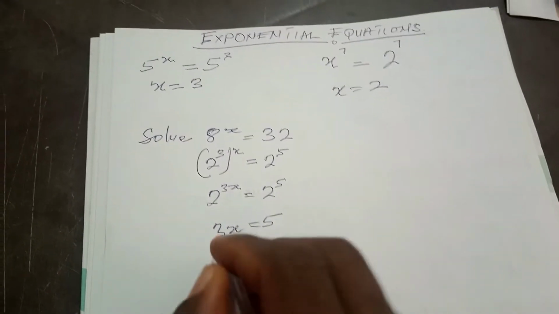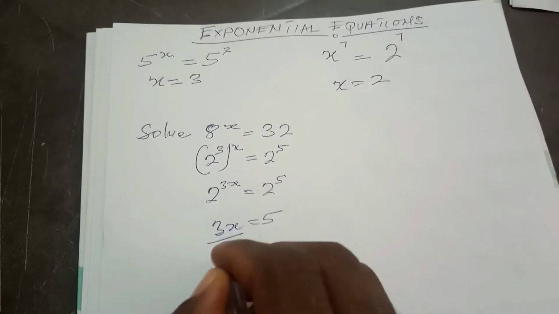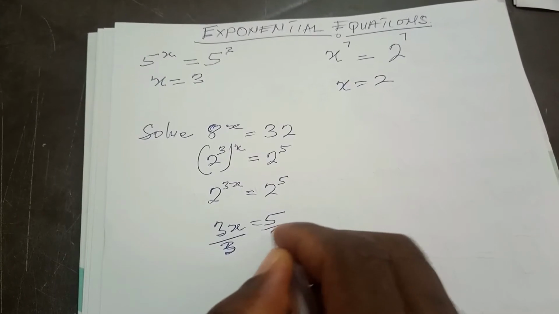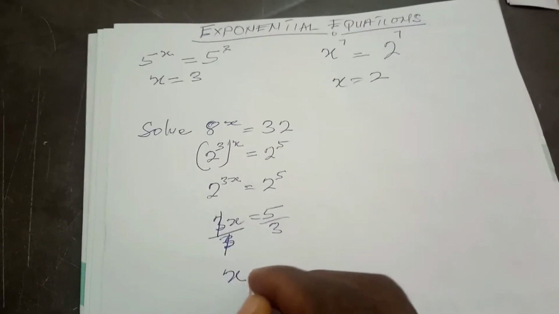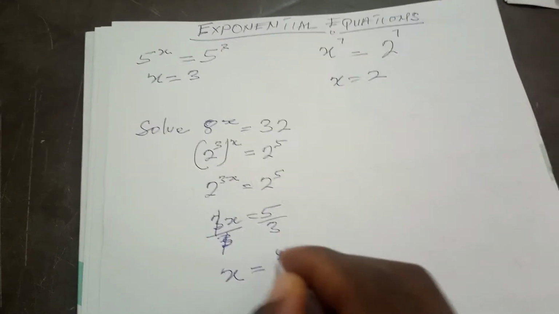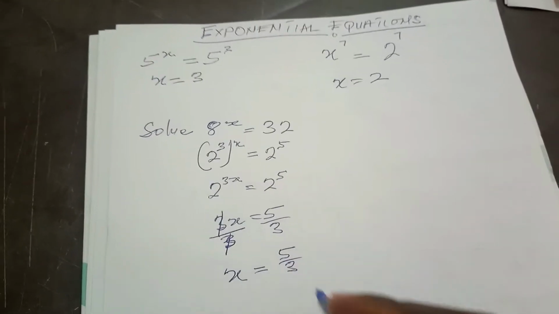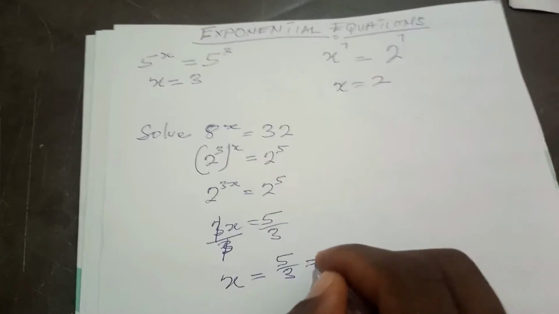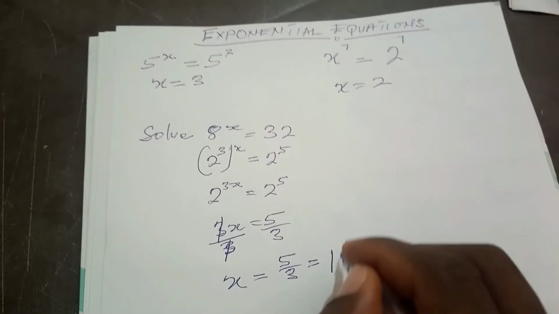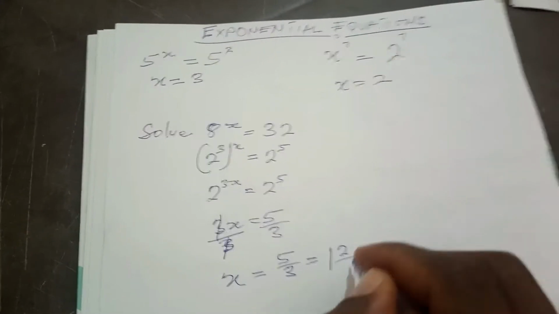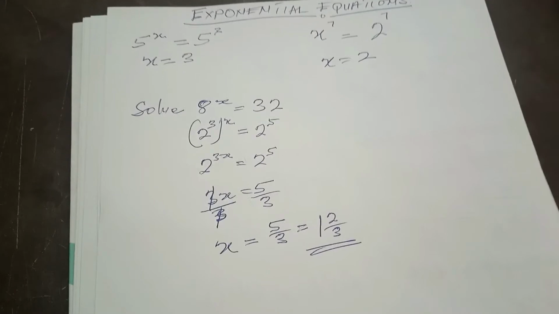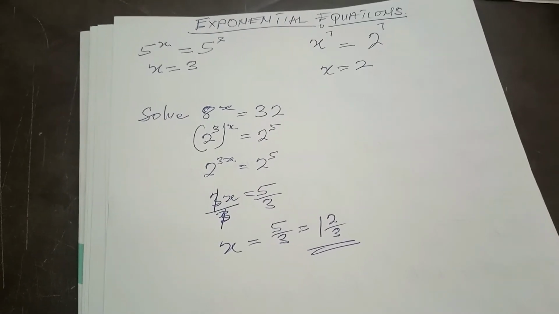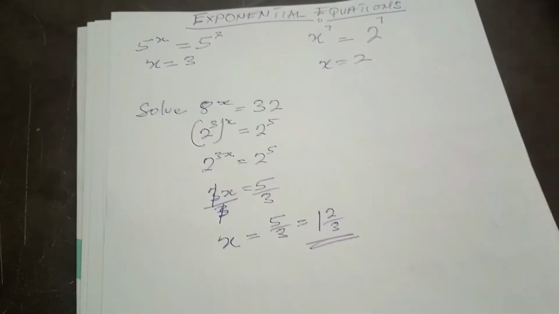We are looking for the value of x, so we divide both sides by 3, and our x is going to be 5/3, which can be written as 1 whole number 2/3. So the equation will be true when x is 1 whole number 2/3.